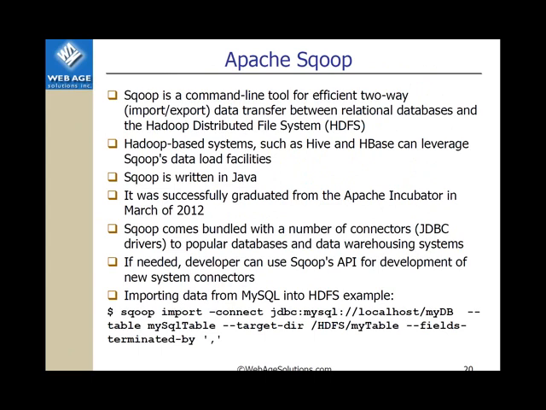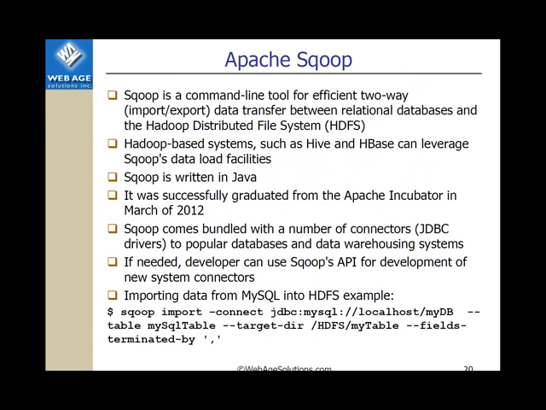Here's a command for importing data. The Sqoop import operation is about extracting data from the source database, in this case MySQL, and importing data into Hadoop, the Hadoop file system, HDFS. Right, so it's very straightforward. You designate your database, you connect using the JDBC URI, specify the table.